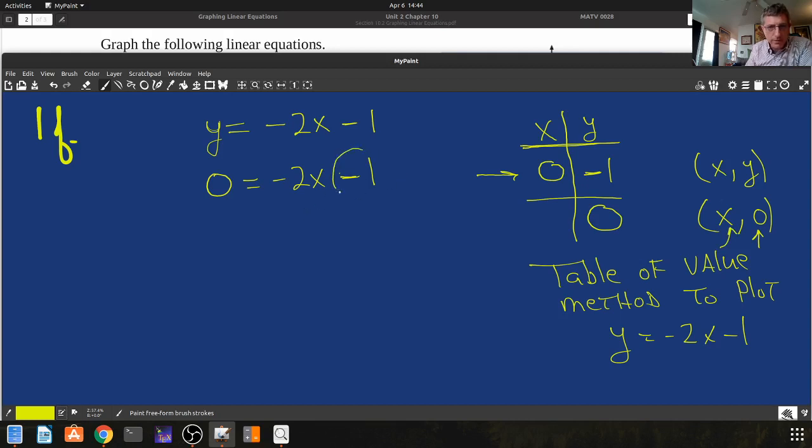So I'm going to move my minus 1 to the other side, and it becomes plus 1. And now I want to find out what positive x is. I know what minus 2x is. So I divide both sides by minus 2, and I get minus 1/2 is equal to x.